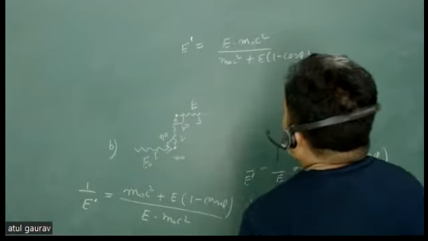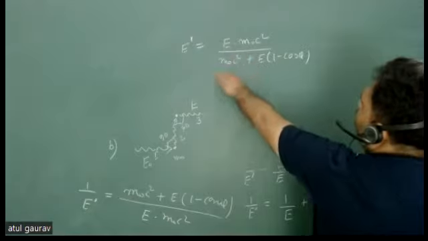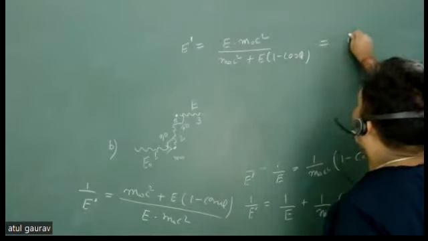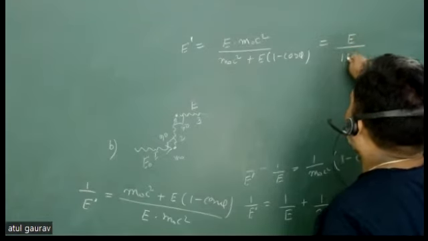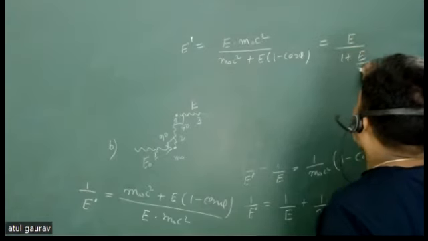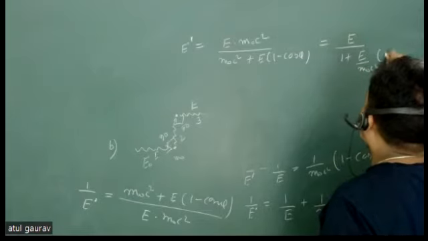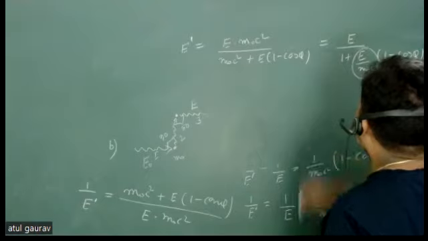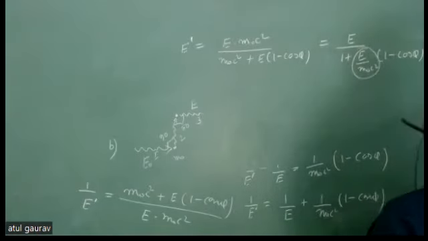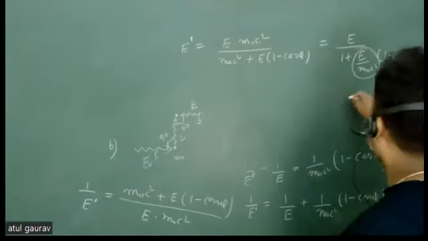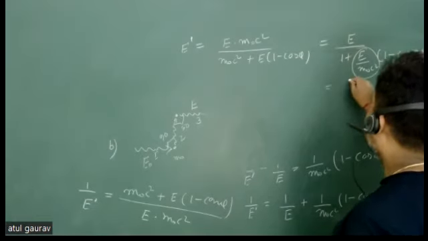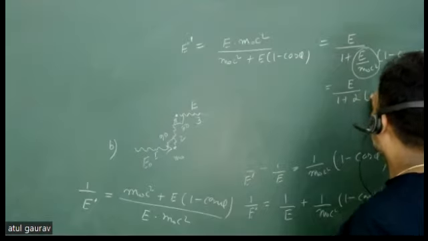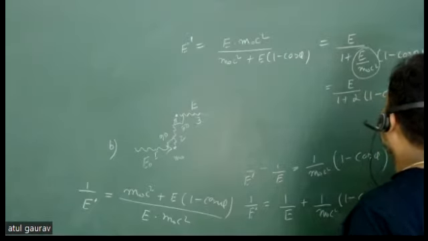We can just divide by m naught c square in the numerator and denominator. So in terms of energy you will get E by 1 plus E upon m naught c square times 1 minus cos phi. And what is this value? This value is identified as alpha. So you can remember E upon 1 plus alpha times 1 minus cos phi.